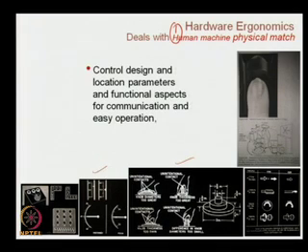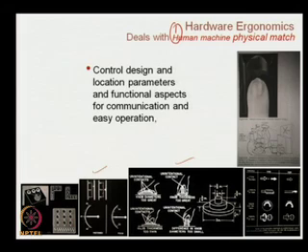In this case, if we have to operate in such a way, that clockwise kind of thing, then instead of a very narrow line it should be a thicker line, means stress on the information. So, these aspects are considered as control design and location parameters and functional aspects for communication and easy operation.